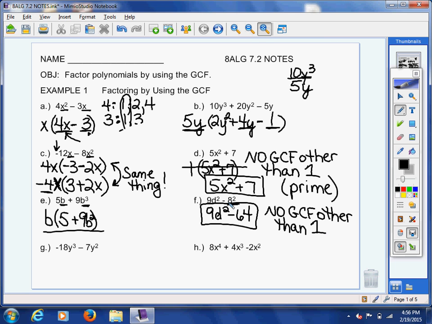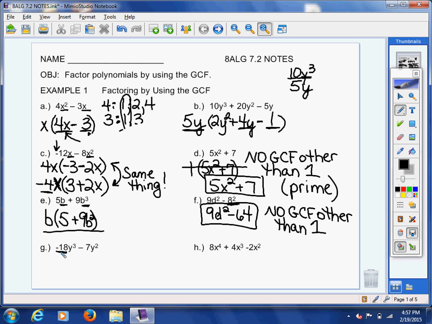Letter G starts with a negative number, and I will just tell you what I normally do. If my first coefficient is negative, I pull out a negative number. It's not wrong if you don't, but that's what I normally do. So as I look at the numbers, negative 18 and negative 7, 7 is not a factor of 18. So I can't pull out a negative 7, and it's prime.